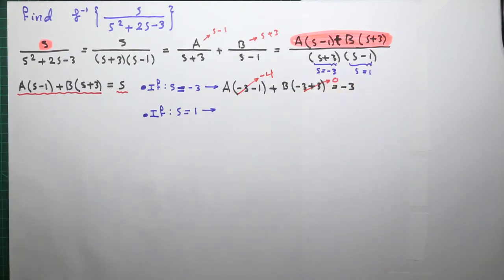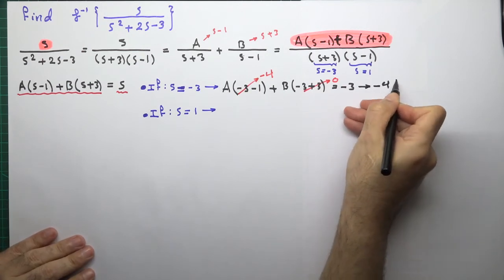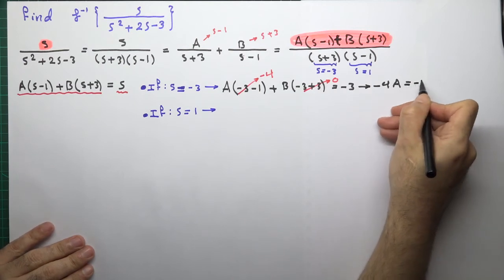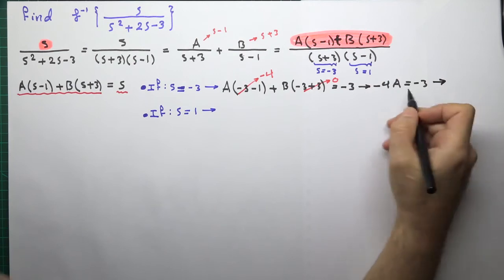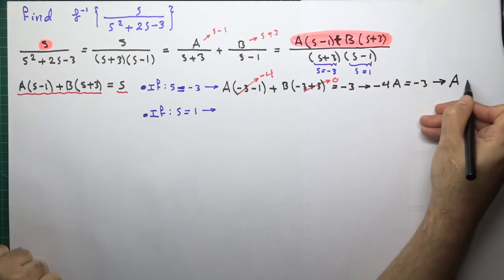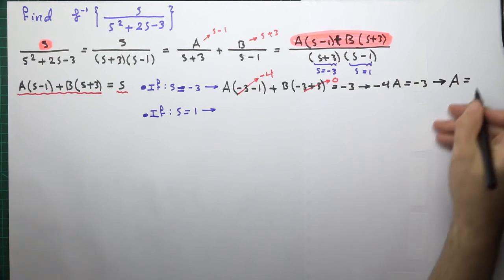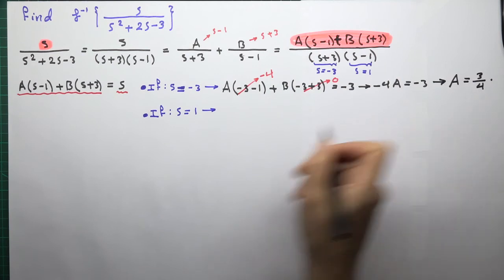Now we are capable to find the value of A. We have here minus 4A equals minus 3, and if you divide both sides by minus 4, you will get that A equals 3 over 4. So A is 3 over 4, this is the value of A.